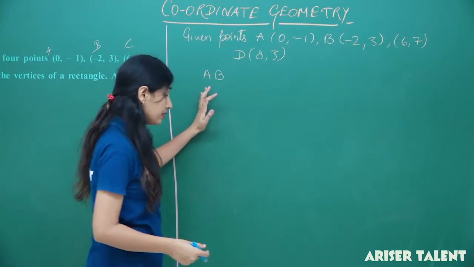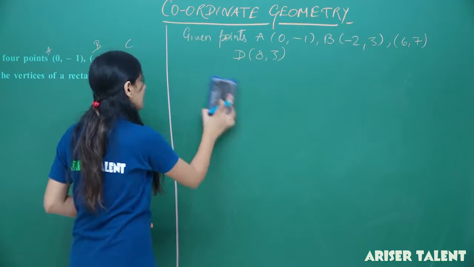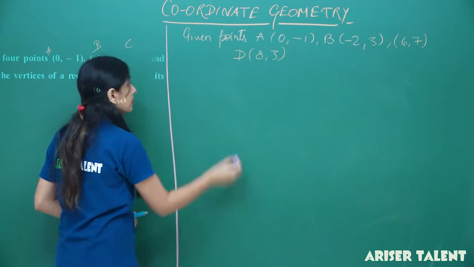now should I write the distance formula? I am writing the distance formula only once.